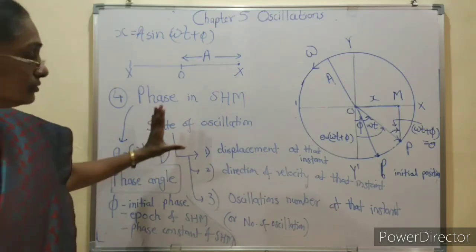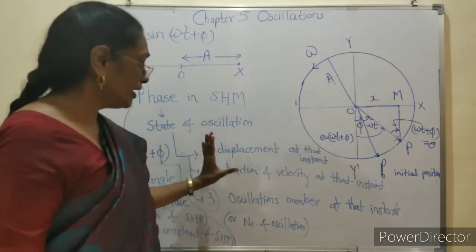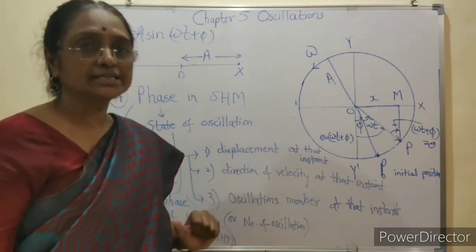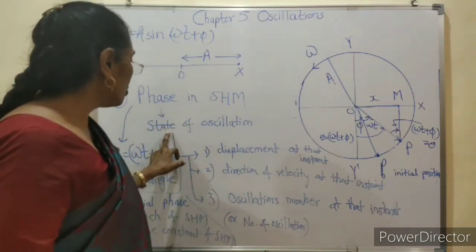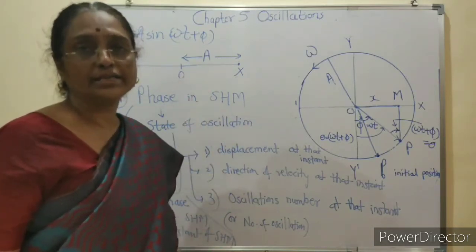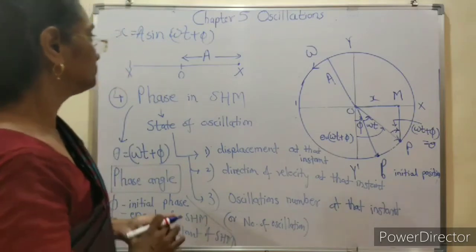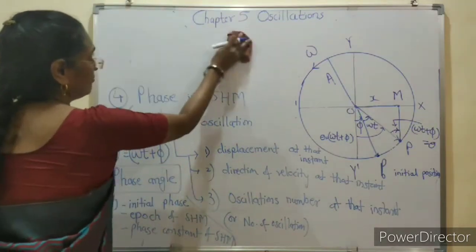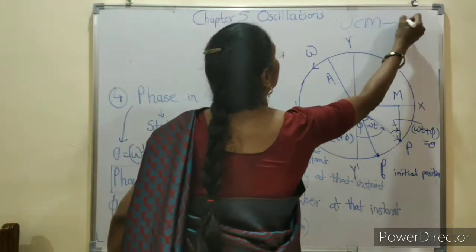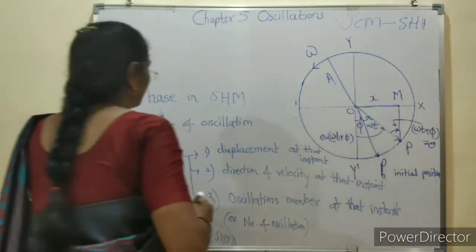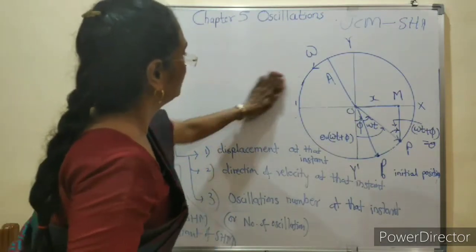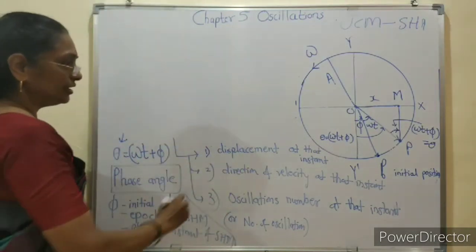Now this we have taken as description for state of oscillation, but we take some special cases or examples to know the state of oscillation or phase of SHM. For that we consider the diagram which we have used for the representation of UCM and SHM. The same diagram we use here, so that we can describe all these 3 quantities.